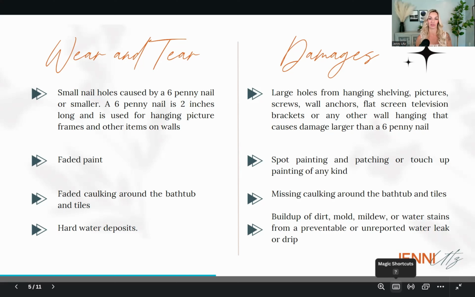The same type of situation for us with mold. Mold can be a very serious issue when it comes to tenant habitability. In our lease, it clearly dictates that if a tenant is claiming that there is mold in the property, it would be the tenant's responsibility to get a mold test done from a reputable company. It cannot be an at-home test. So they would need to pay for the mold test from a reputable company, and then we would get the results.